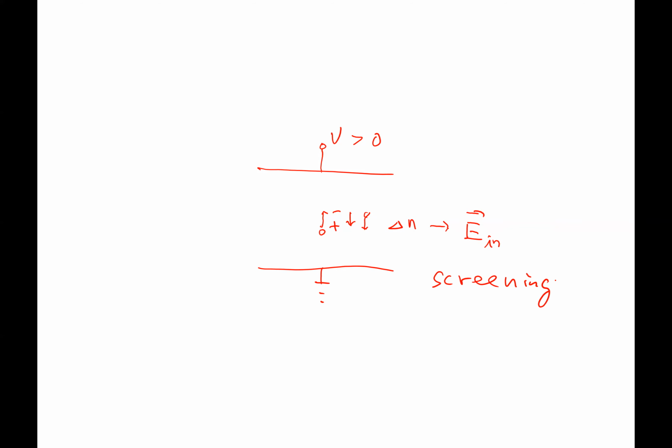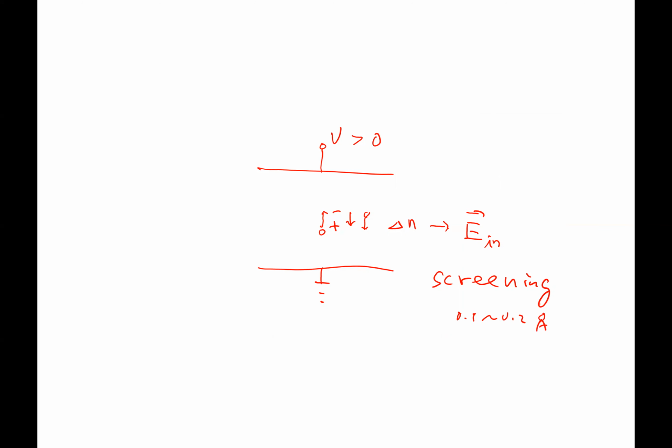So the length which an electron can move is typically about 0.1 or 0.2 angstrom, it can range.